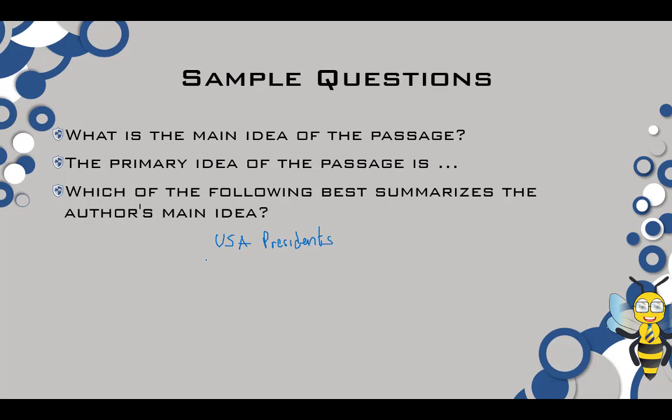That's the title, and then you have the reading. If the question says, what is the main idea of the passage? Well, USA presidents. You could also find it in the title, but normally this is not as simple as it looks.